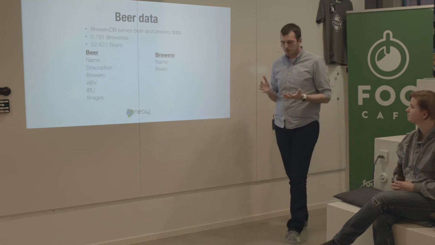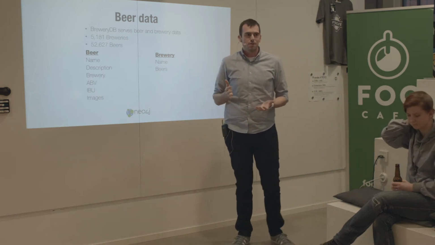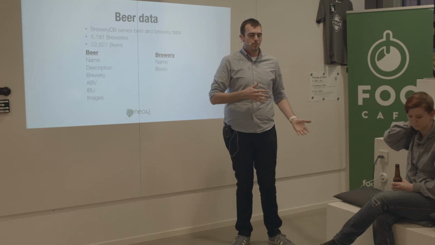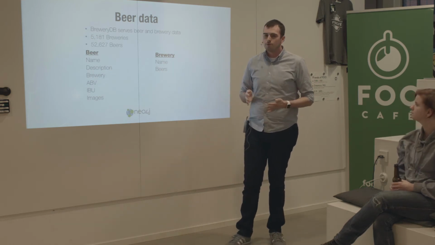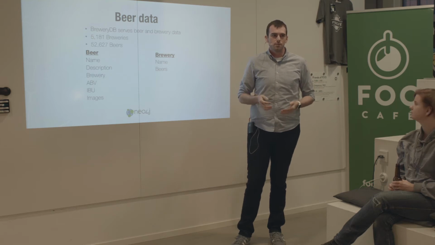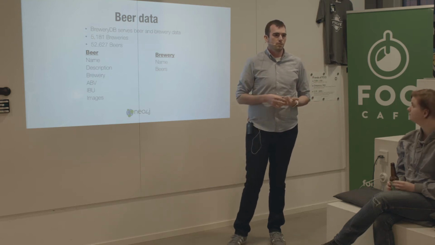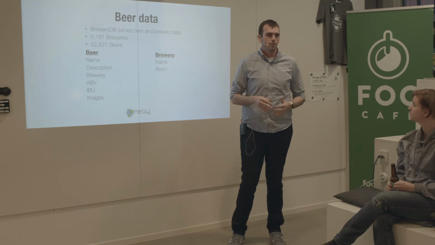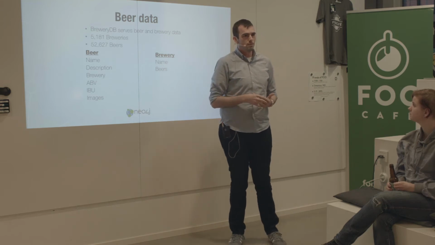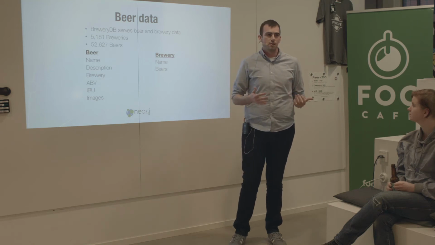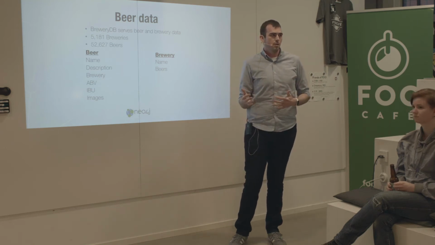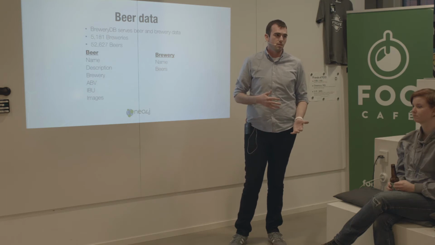So the first thing in any project is to get the data into the database. There are a number of ways to achieve this with Neo4j. You can load CSV files directly as Cypher statements. That's really great if you have existing data in some other format, since there's a CSV export function.